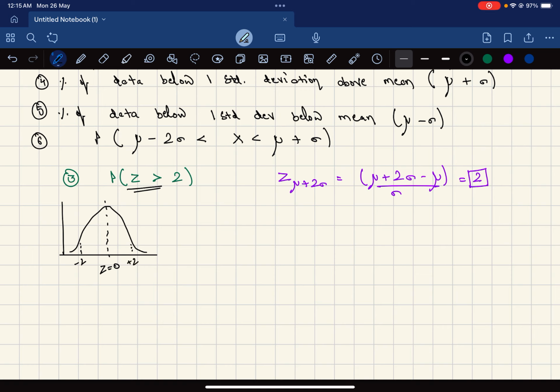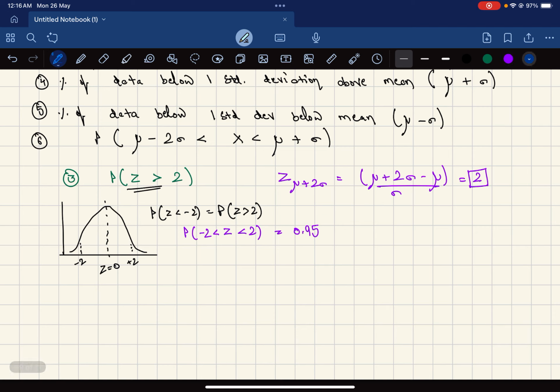Since the distribution is symmetric about the mean, we know that P(z less than minus 2) should be equal to P(z greater than 2). Also, from the empirical rule of normal distribution, we know that 95% of the values lie within 2 standard deviations of the mean. Therefore, P(-2 to 2) should be given as 0.95. This is the second empirical rule of normal distribution.